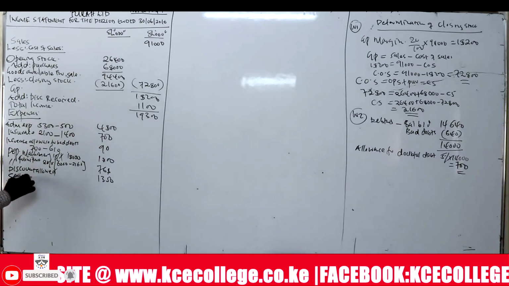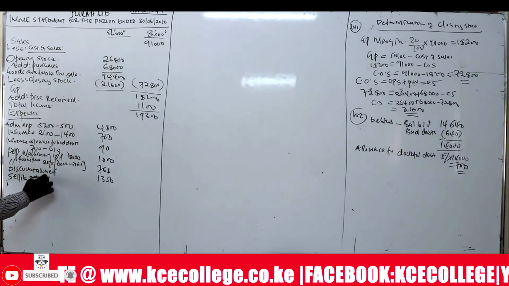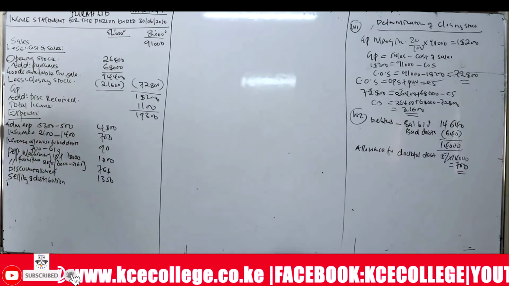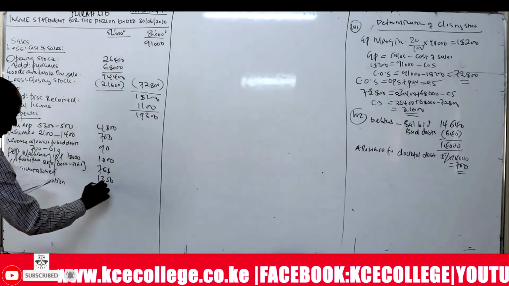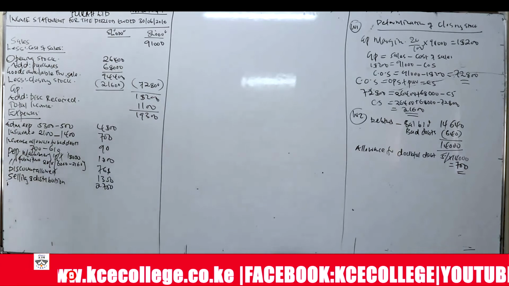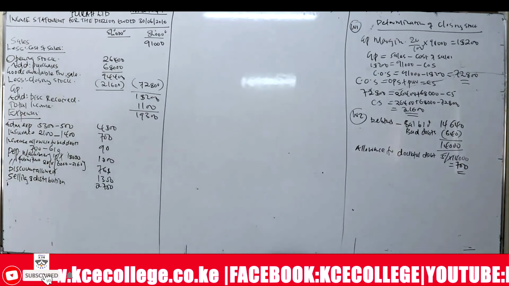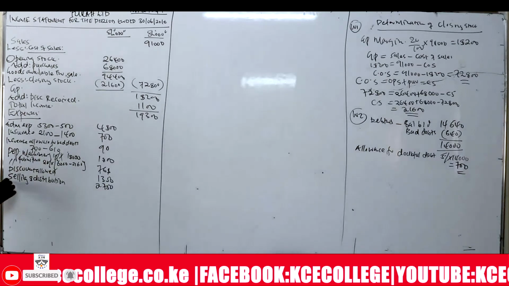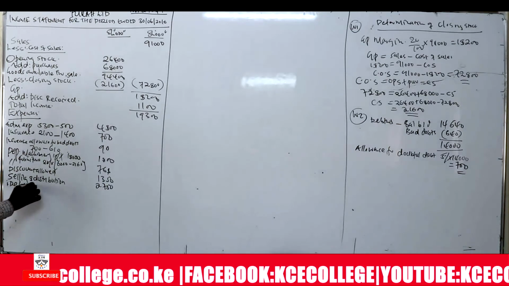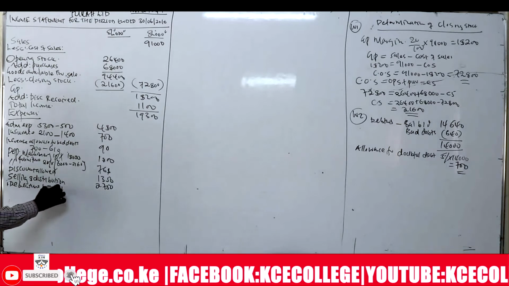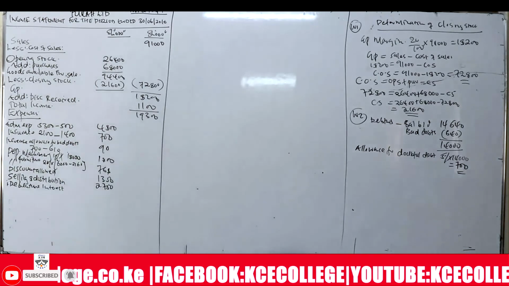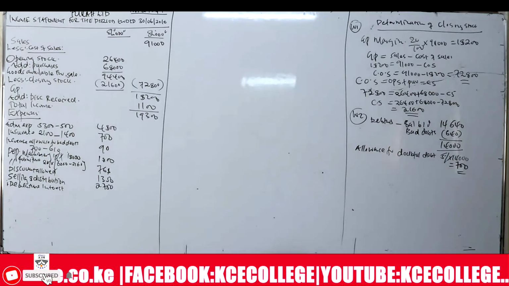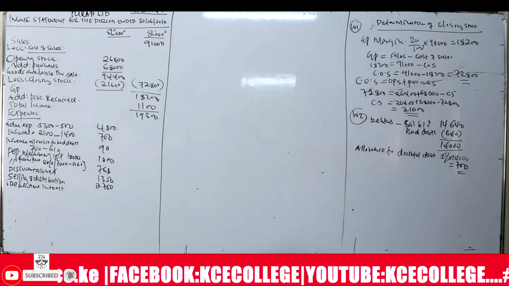Selling and distribution. How much is selling and distribution? 2750. Debenture interest, how much is it? Remember, I told you debenture, you check the total interest that you're supposed to pay in the whole year. How do you know the rate that is indicated before the word debenture vis-a-vis the actual amount?